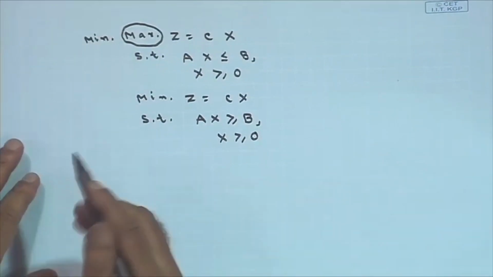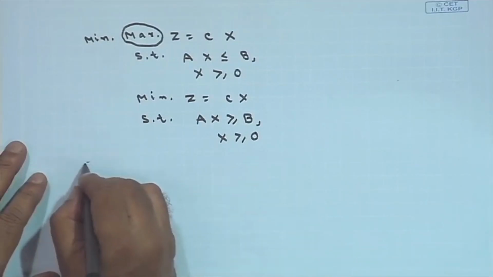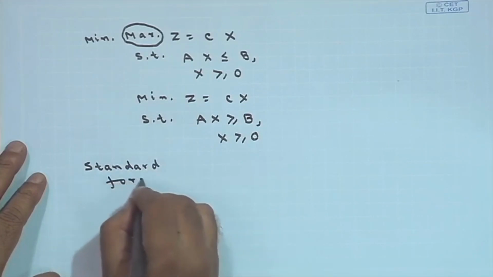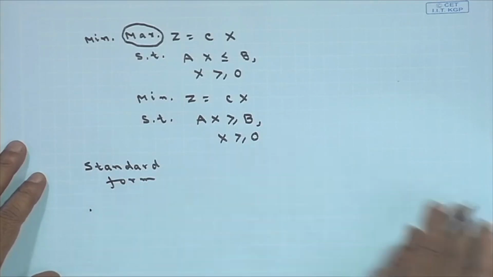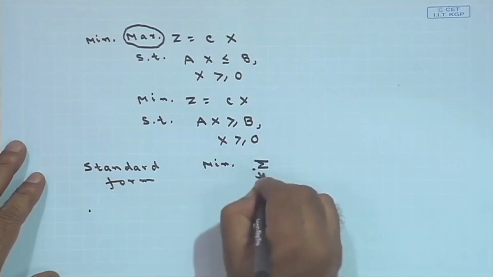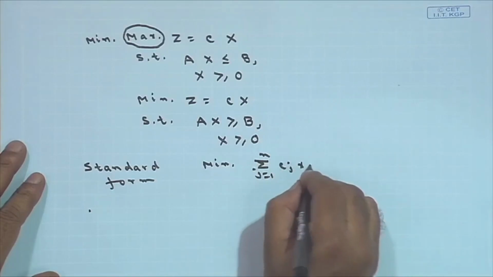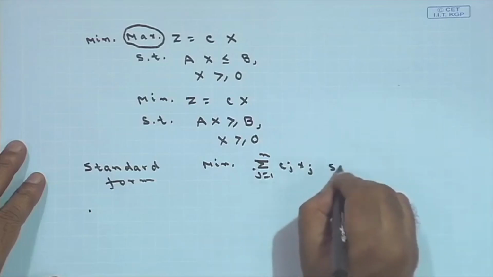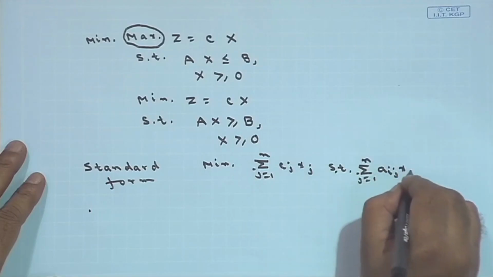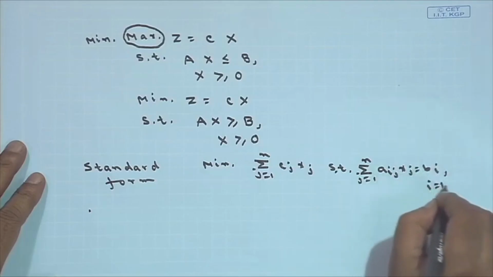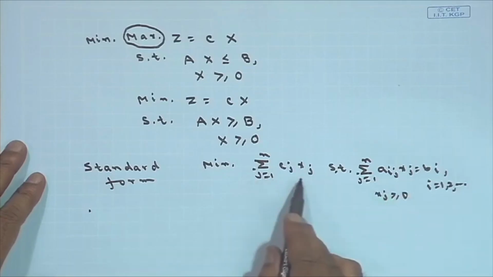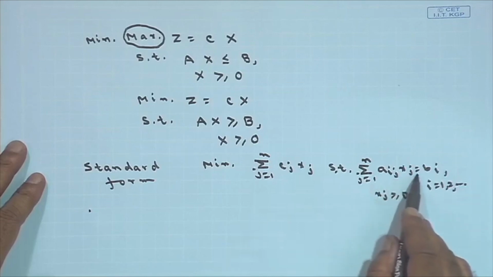In standard form, I am writing minimize summation j equals 1 to n Cj xj subject to summation j equals 1 to n Aij xj equals Bi, with i taking values 1 to m, and xj greater than equals 0.